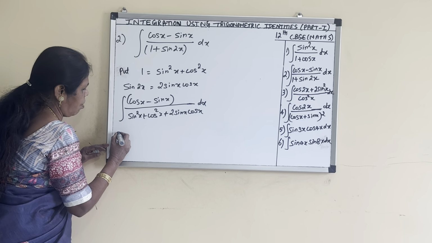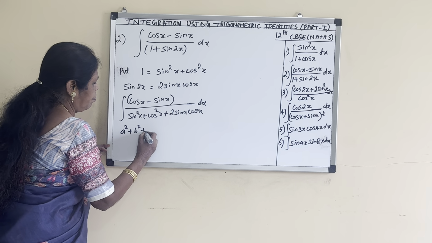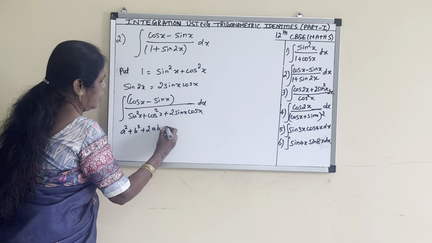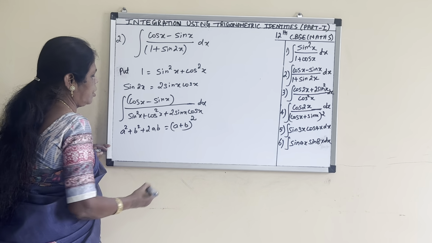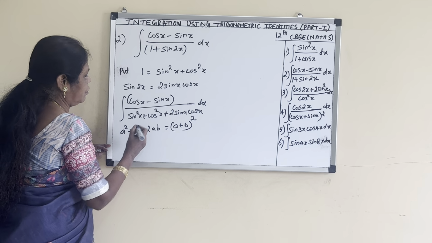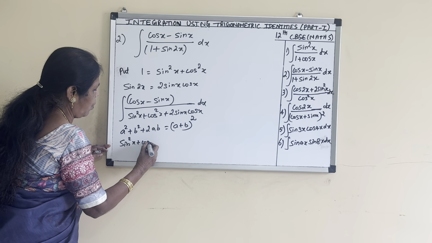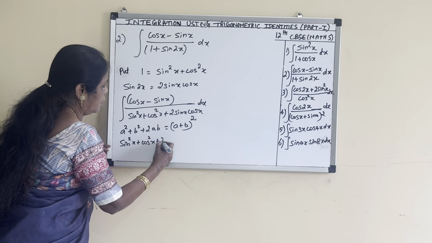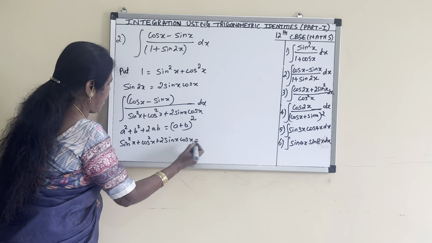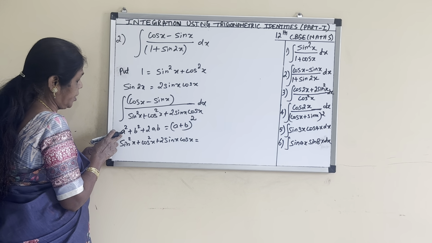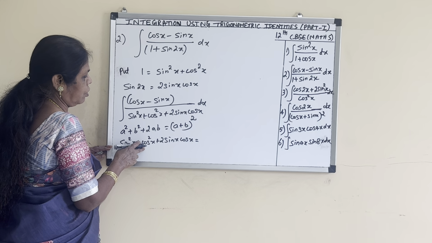So, as you know the formula, a squared plus b squared plus 2ab is equal to a plus b the whole square. That is the algebraic identity. So this is sin squared x plus cos squared x plus 2 sin x cos x. If you are comparing with the algebraic identity, in the place of a you have sin x, in the place of b you have cos x.